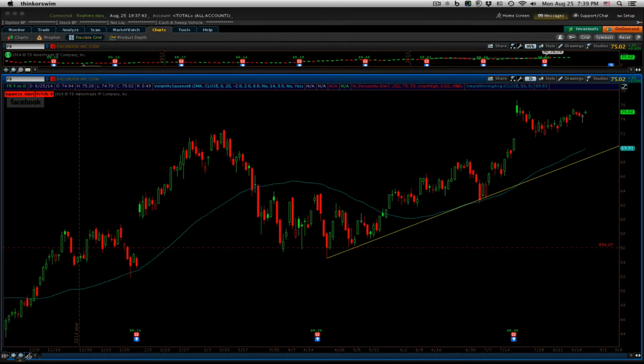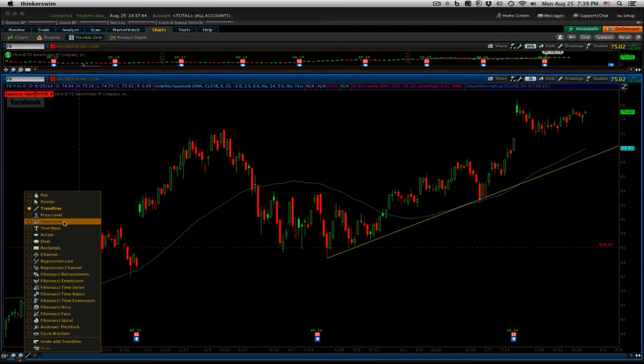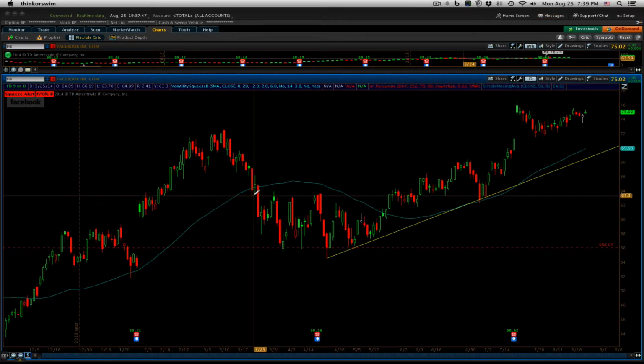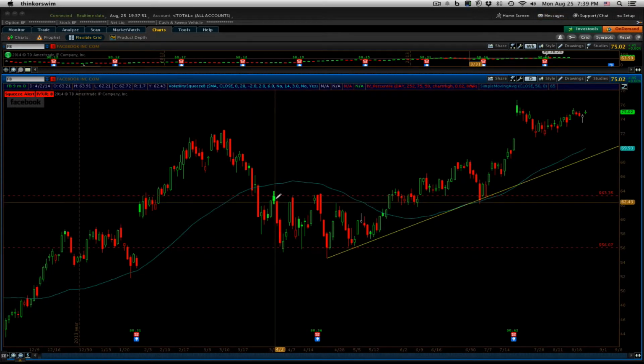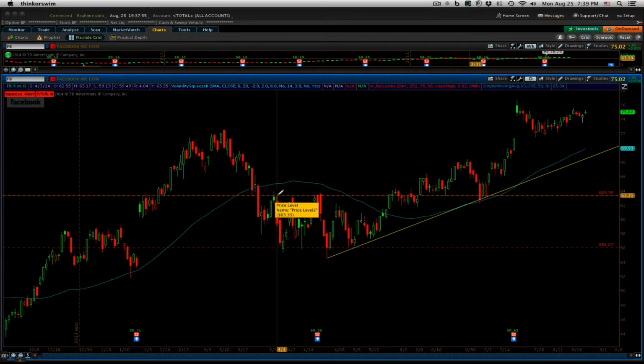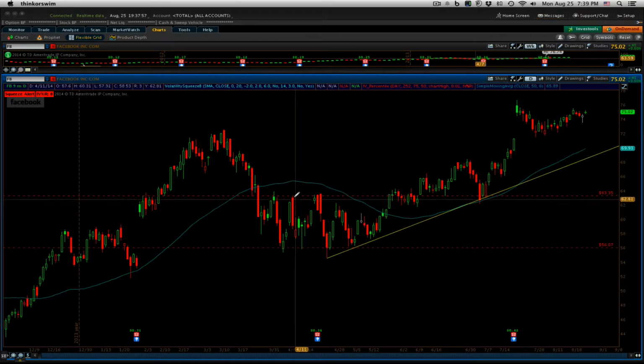You also then have resistance. Resistance again can be a horizontal line. So going back to our candlesticks, price pushed up above this 63.35 level, closed below it. Price came up to it, got rejected. Again, was rejected.